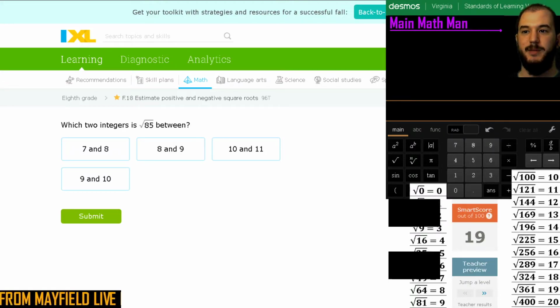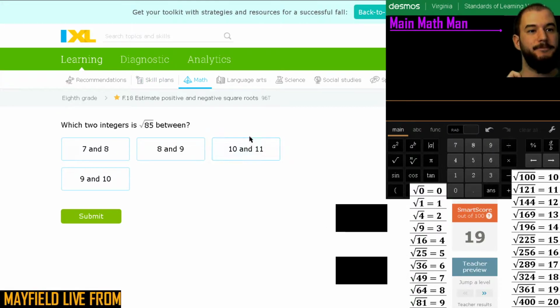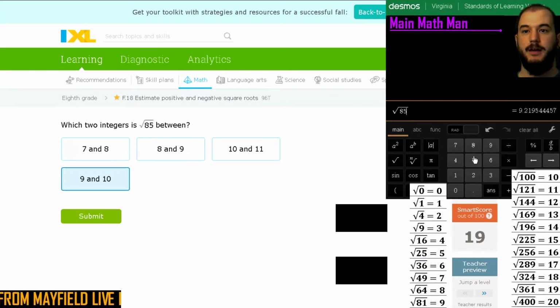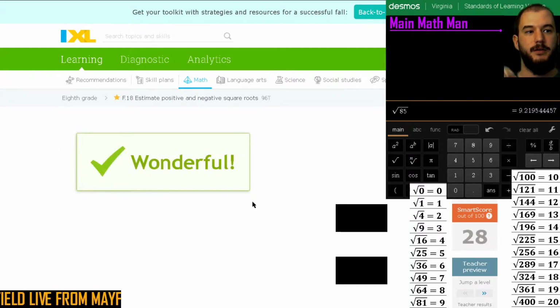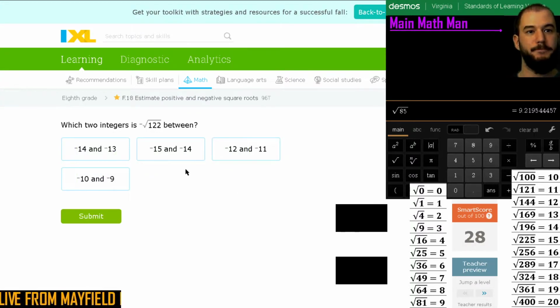So I'd say it's going to be between 9 and 10. Always double check. I have the square root of 85. Again, on your wonderful paper, these are going to be all in one list, so make sure you're using that carefully. This is just above 9, but still below 10, and so that's where it goes.